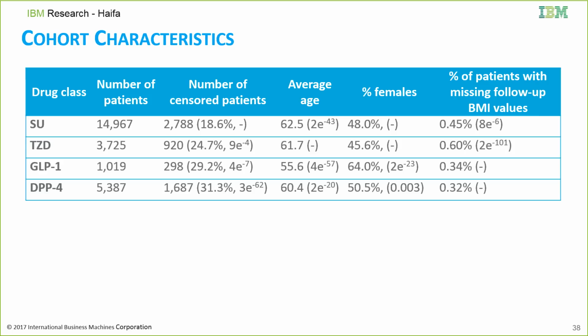So here we show the percentage of the entire population taking this drug, and also the p-value of the proportion compared to the entire population, and compared to the other features here: the age, male-female percentage, and number of patients who didn't have BMI.